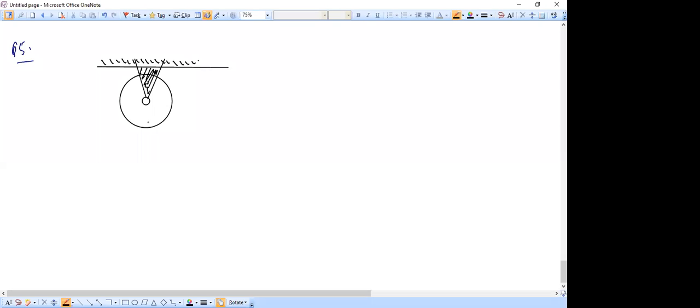Okay, so the pulley is attached via its axle to a ceiling like this, and a thread is going around it. So because we have suspended weights on the thread, on either side it will be stretched out. It will be taut. Okay.